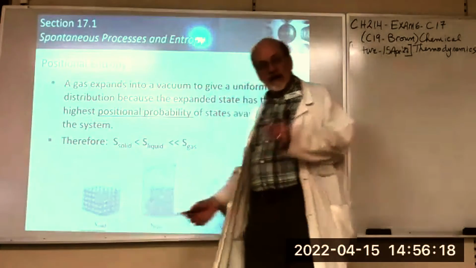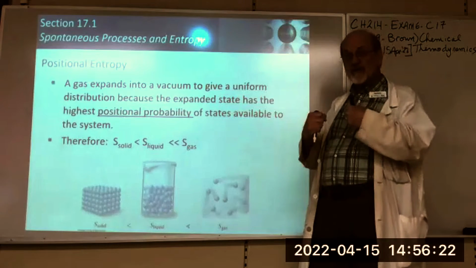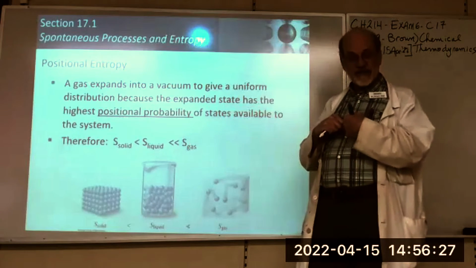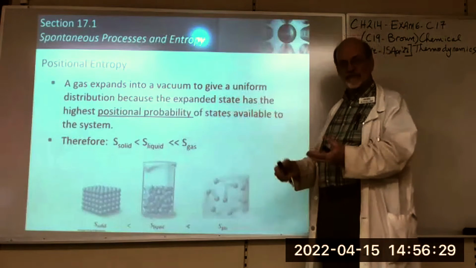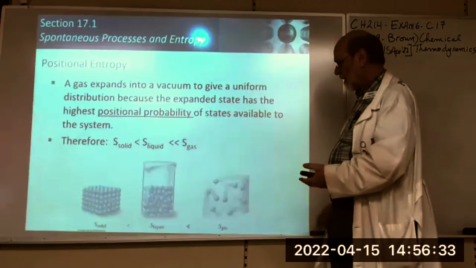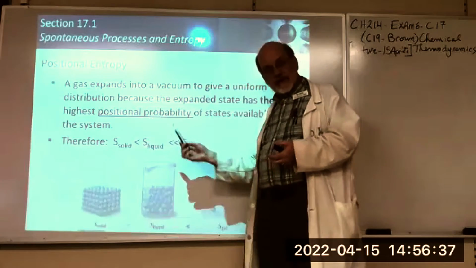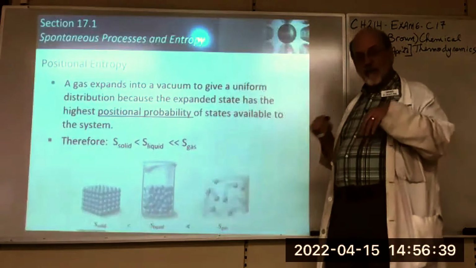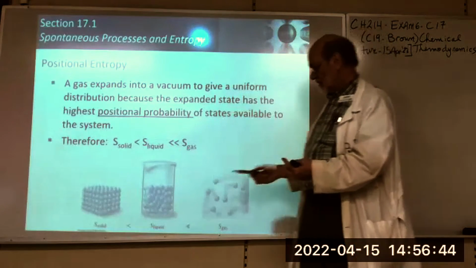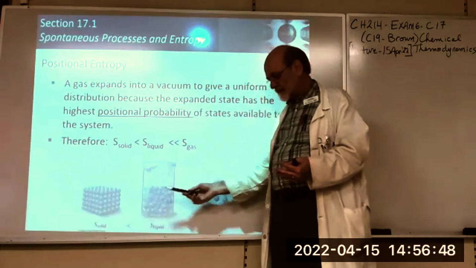Because this solid has those molecules locked in place. They can't move. So they're limited to the number of microstates that you can propose for them. Theoretically, there's only one. But if you melt it, now these molecules can move all over the place. They have more microstates available. They're more random. So entropy has increased to go from here to here.